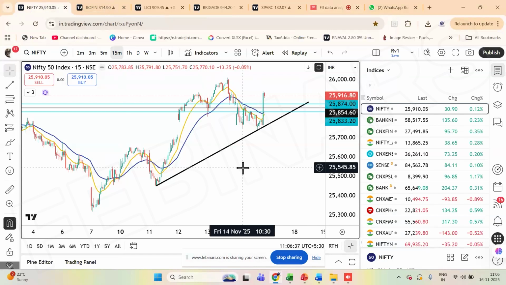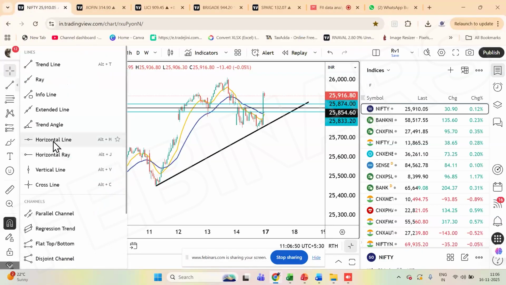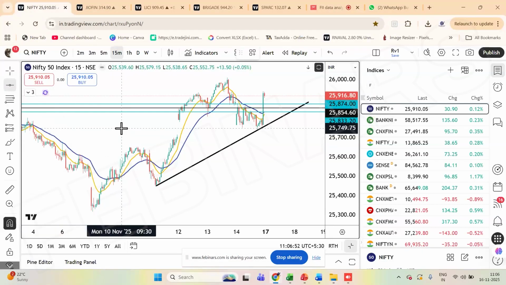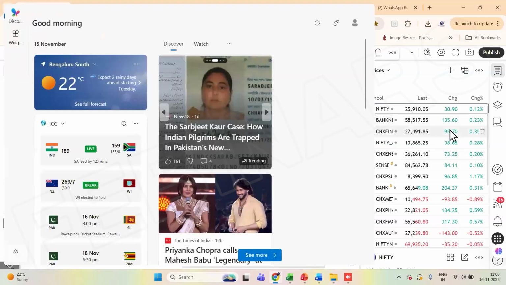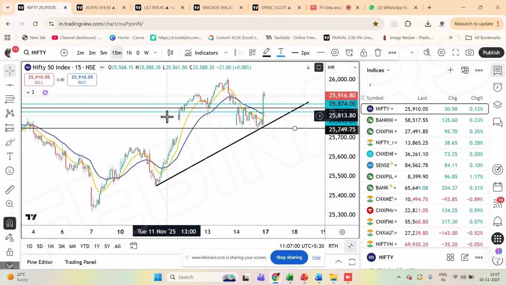So we have started the wave 3 advance. Until 25,750 is broken, I would be outright bullish on the markets. That is the higher top and higher bottom we are seeing here.